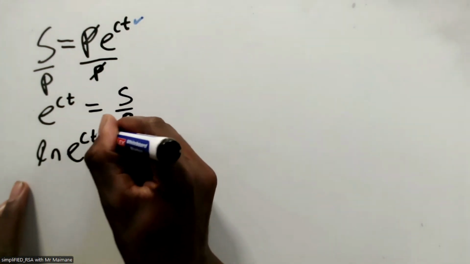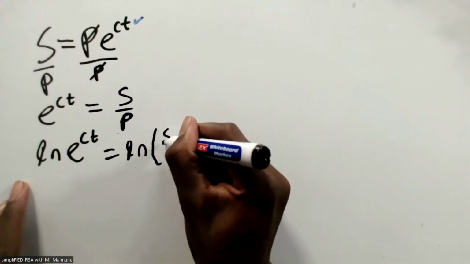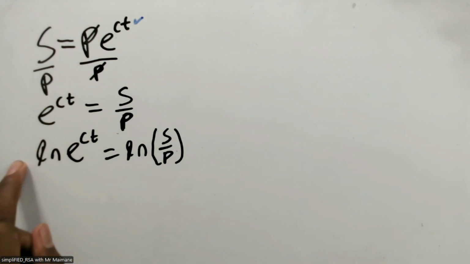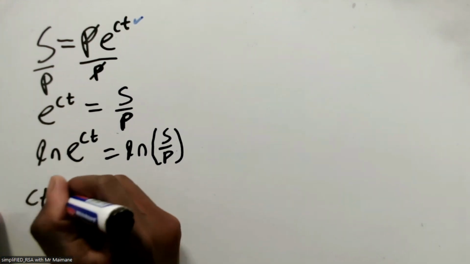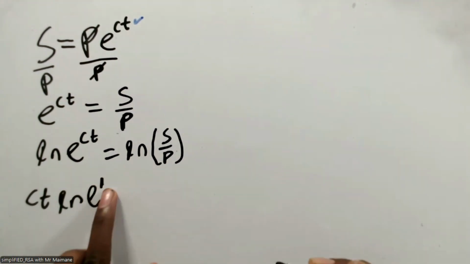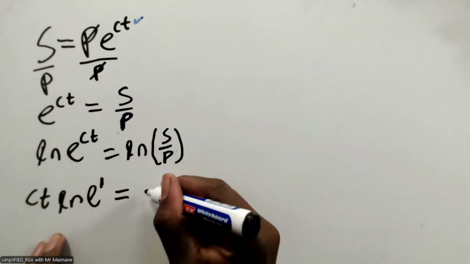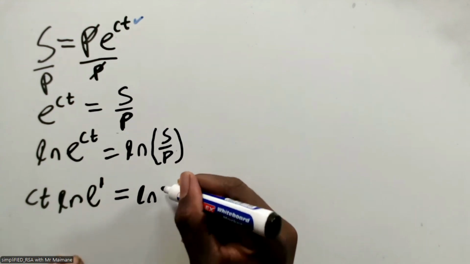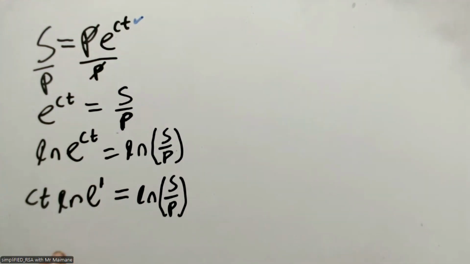So I'll have ln e^(CT) = ln of S over P. Therefore, I'll take the CT to the other side, so I'll have CT ln of e to the exponent 1, because I've moved the CT to the front. That's the rule of exponents, same as logarithms. Therefore, this is the same as ln of S over P.